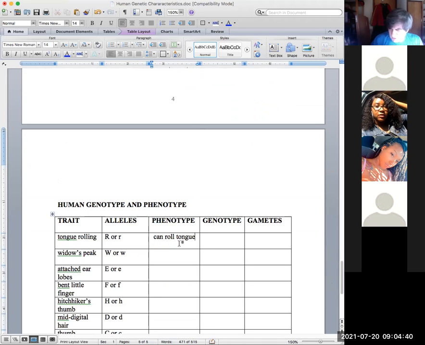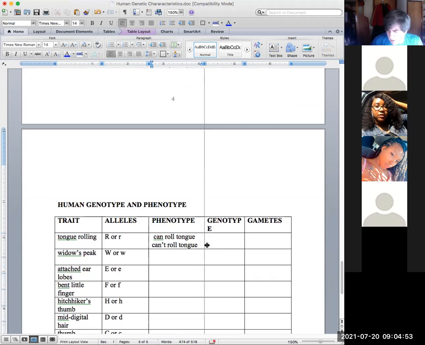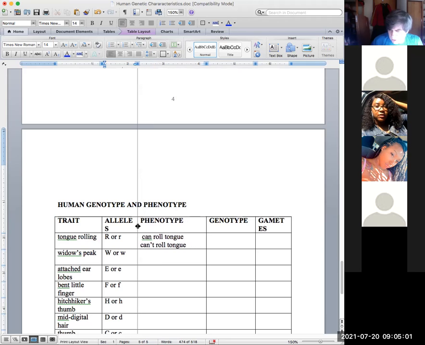So let's change this. We want to have our 2 phenotypes on different lines. So either you can roll your tongue or you can't roll your tongue. Now I'm writing both of these down, but you're just going to write down whatever your characteristics are.